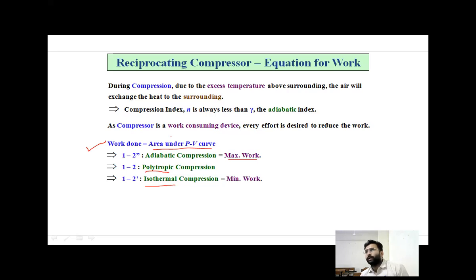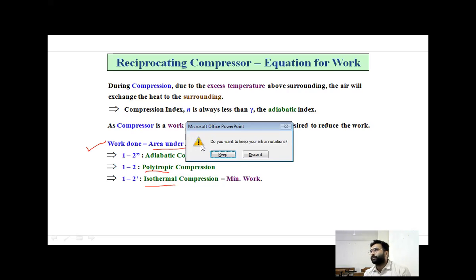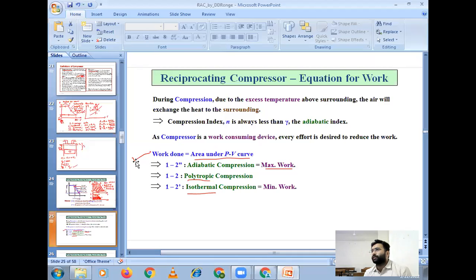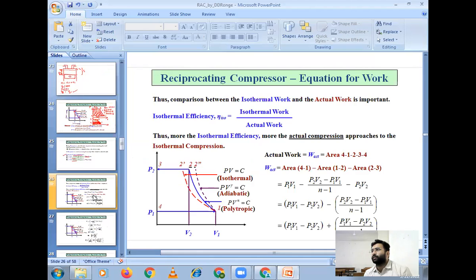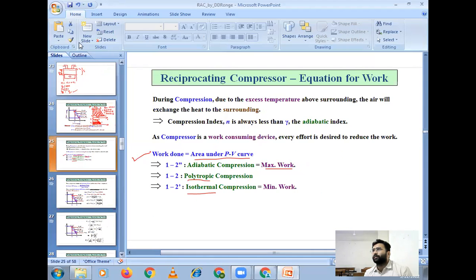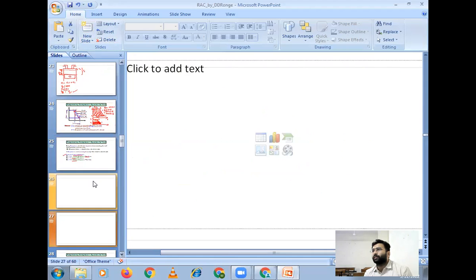Now we'll derive the equation for the work required for the compressor. Once again, I will show you.